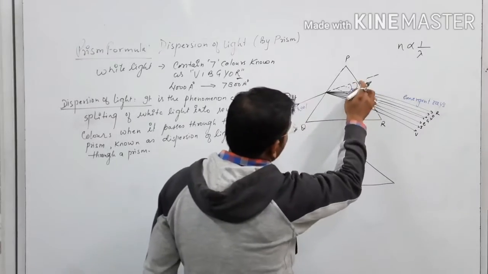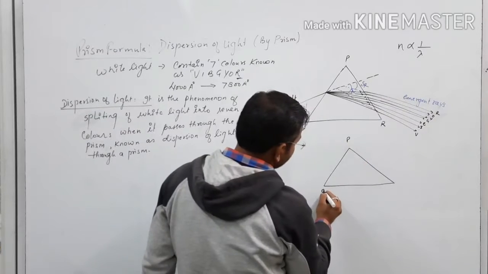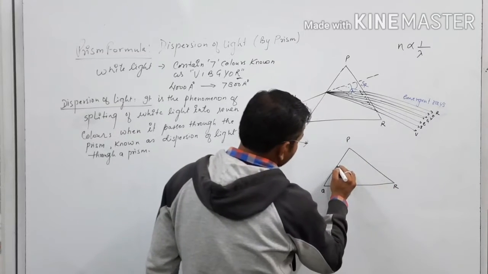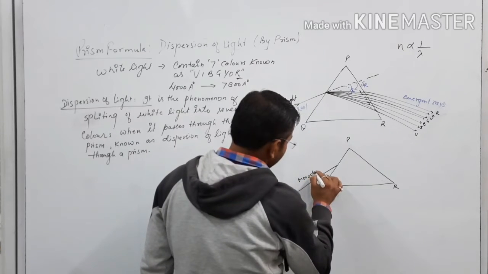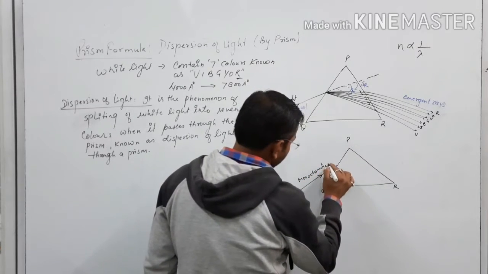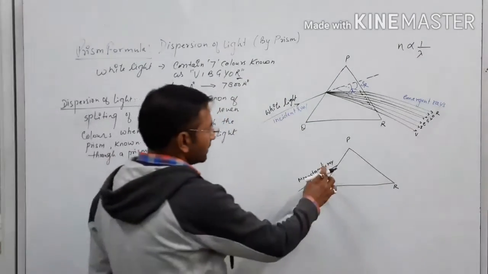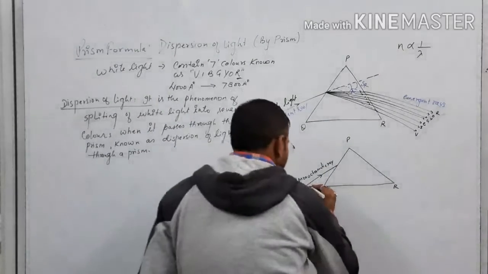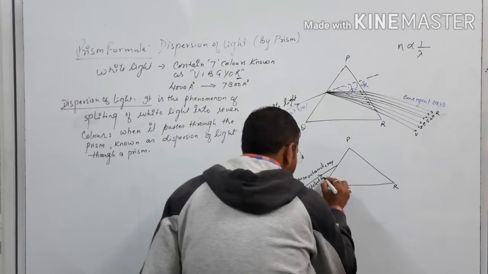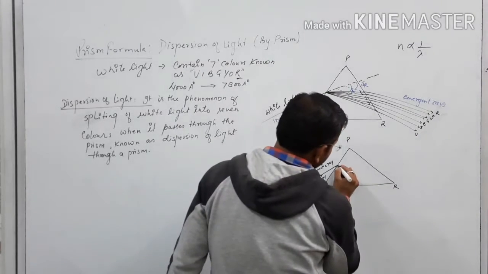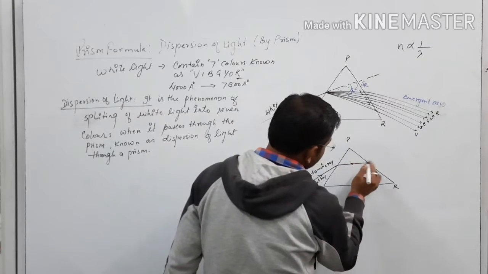Now after that we will talk about the prism formula, in which I will discuss what is the meaning of angle of deviation. So again, I have drawn the prism diagram for monochromatic light. This is our monochromatic ray, meaning it has only a single color, incident. When this light passes through the prism, it becomes like that.